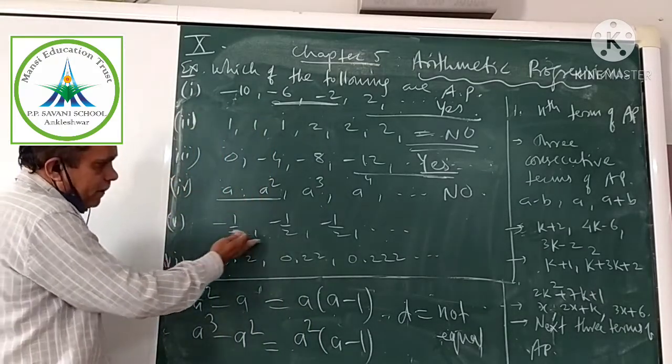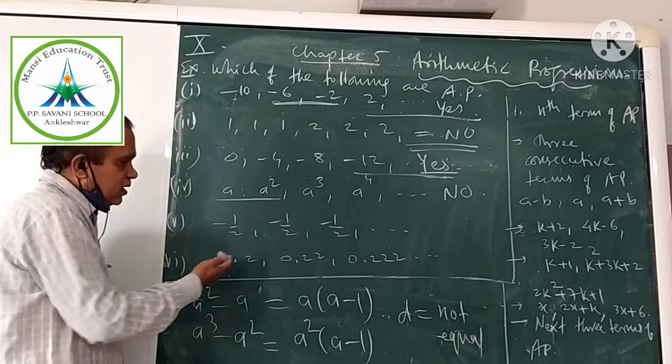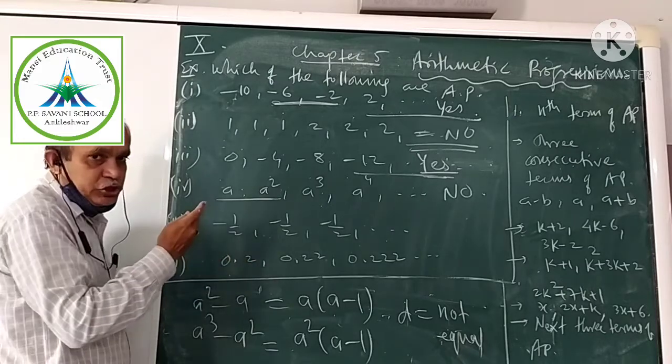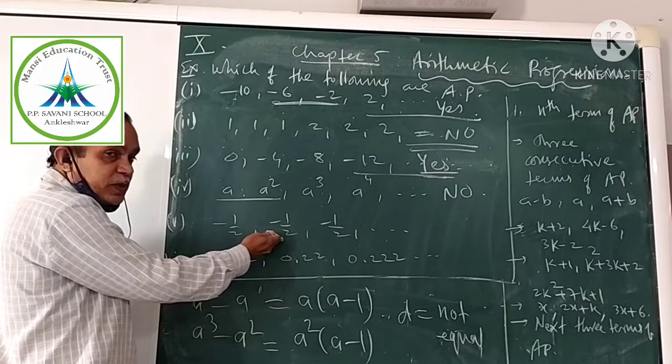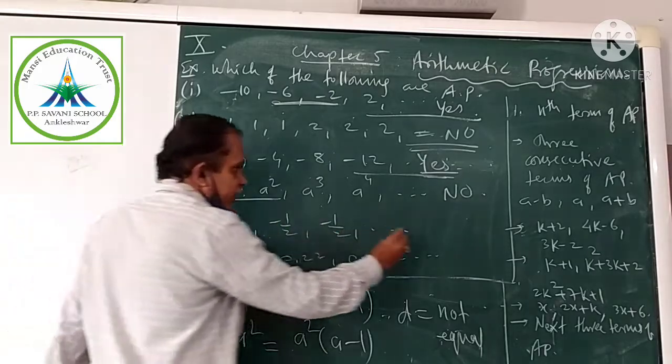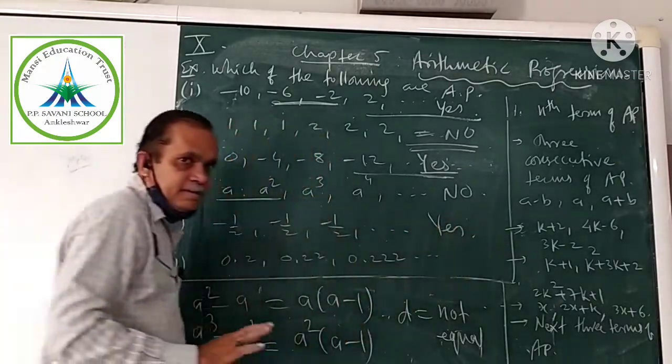Now next, see: minus half, 0, half. Very simple: minus half plus half is 0, and the same for the next pair, and therefore it is an AP.